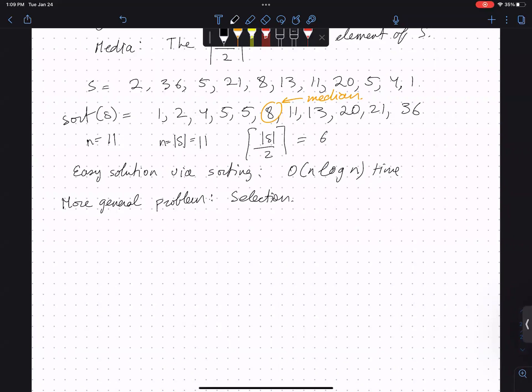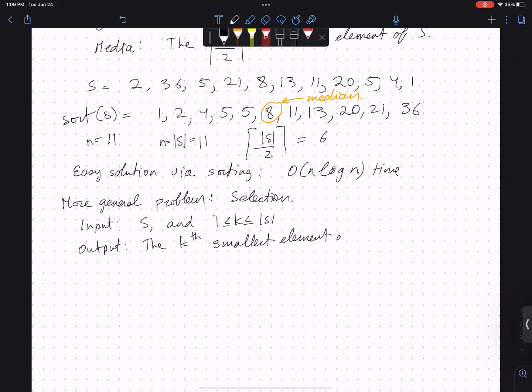Okay. Here, the input is S and K, some number K between 1 and the size of S, and the output is the kth smallest element of S. Okay.